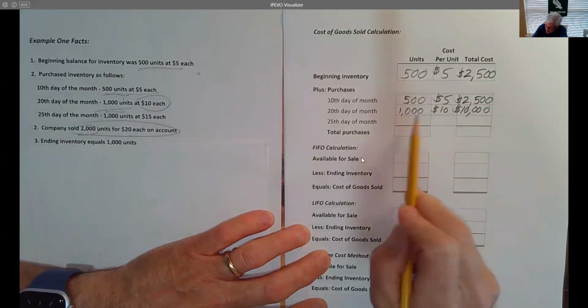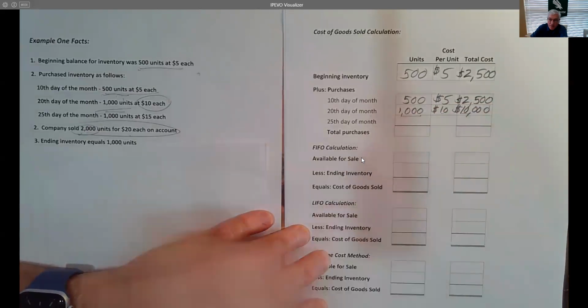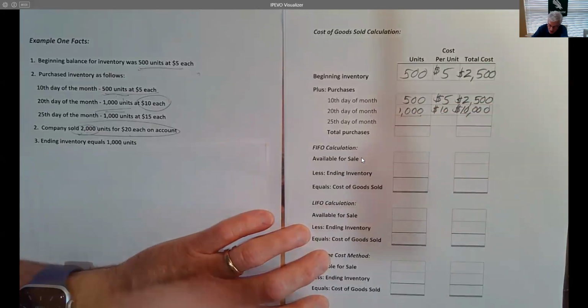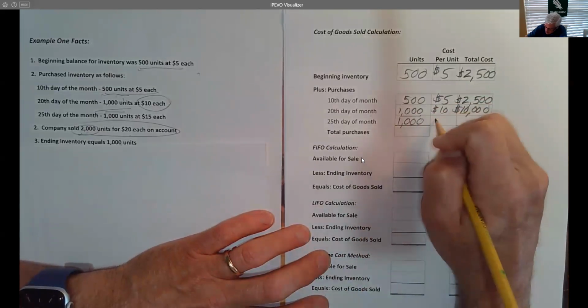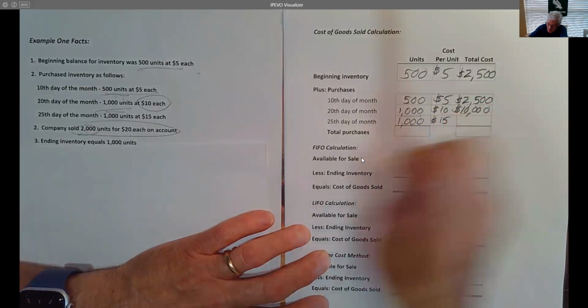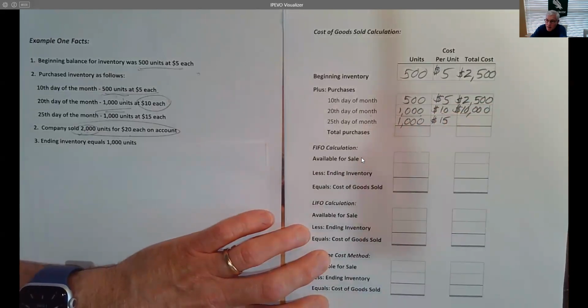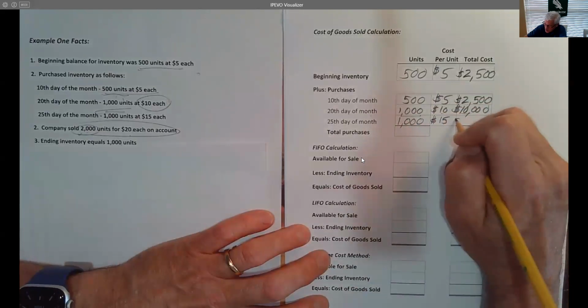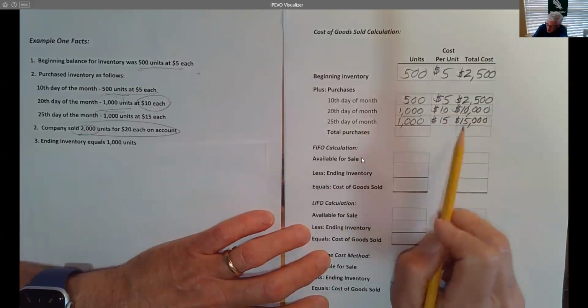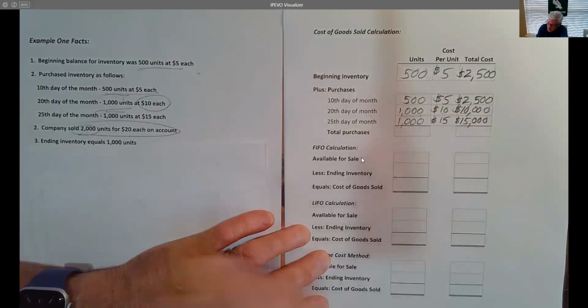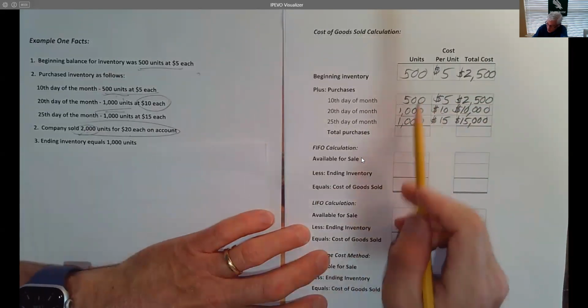The value of that was 1,000 times 10, $10,000. And then on the 25th day of the month, we bought another 1,000 units. This commodity is certainly increasing in price during the month. You experience that in business. That happens all the time. And how much did that cost us? 1,000 times 15, 15,000.